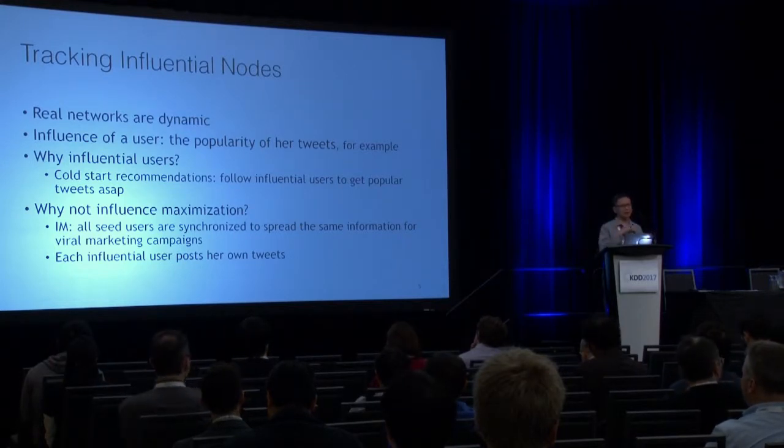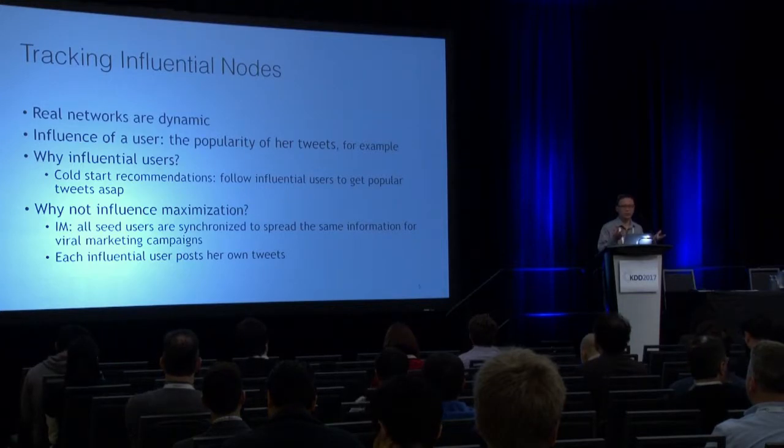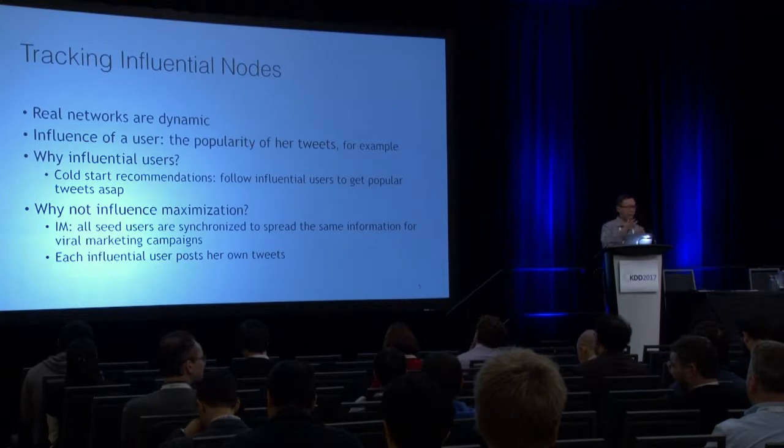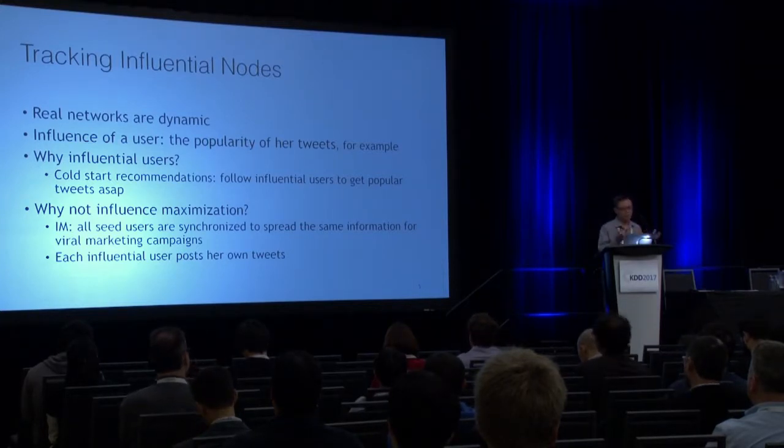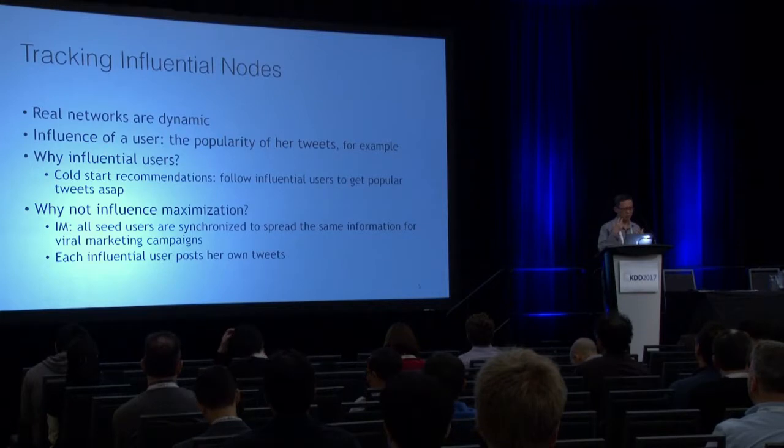Synchronized meaning they are promoting the same thing. However, in real social media and social networks, different people may have different opinions and different messages to spread. They are not synchronized. They may talk about completely different things. So each influential user posts her own tweets independently.